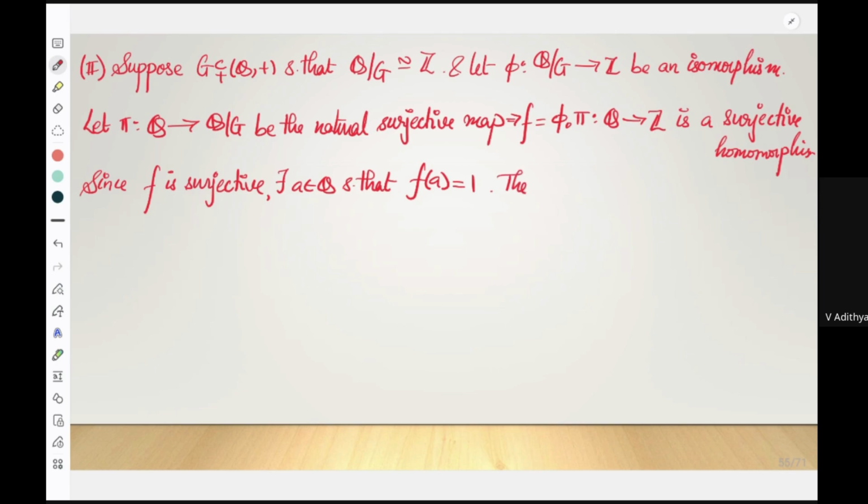Then 2 times f of a by 2 is 1. This is the property of homomorphisms.